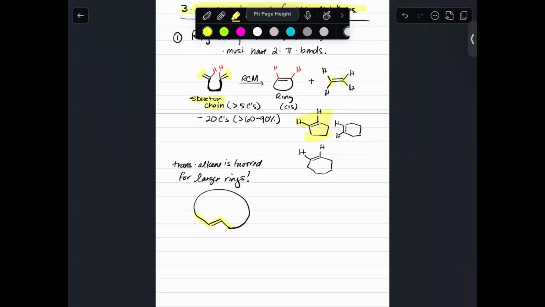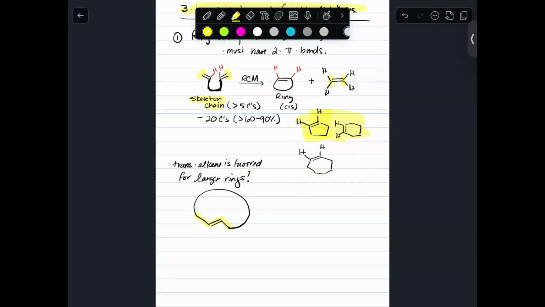And so Grubbs and Schrock figured out a way to form these rings and form large rings, which is really impressive because in Chem 24, you learned that the favored rings, and I've said this before as well, are five and six membered rings. Those carbons are the ones closest to 109.5 degree angles, which are carbon sp3s.